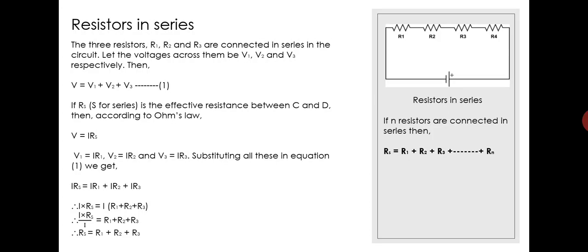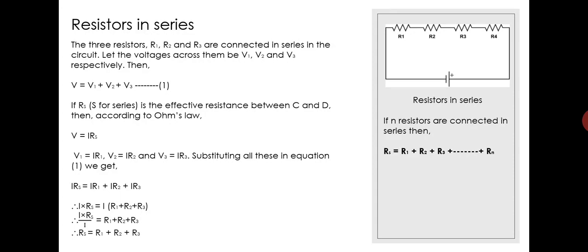If Rs, where S is a subscript for series, is the effective resistance between C and D, then according to Ohm's law, V is equal to I into Rs. Therefore, V1 is equal to I into R1, V2 is equal to I into R2 and V3 is equal to I into R3. Here the value of current I will be same as the same current flows through each resistor.